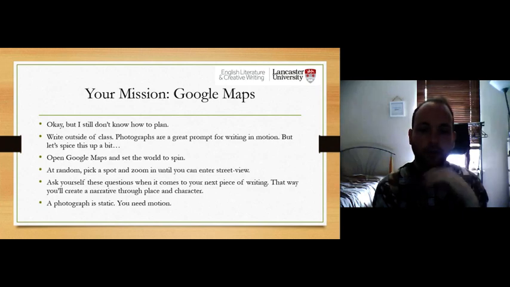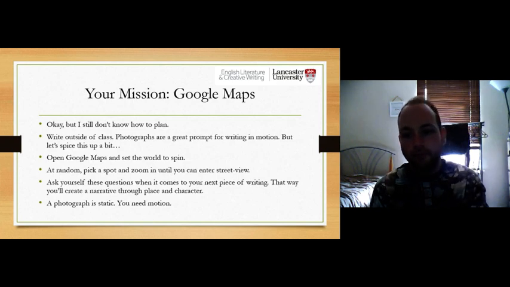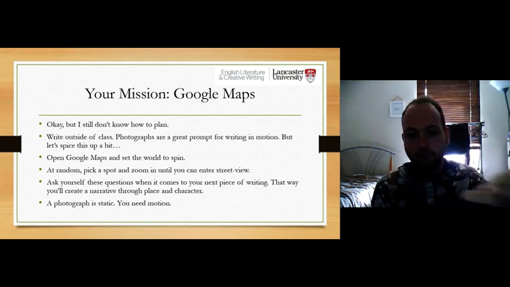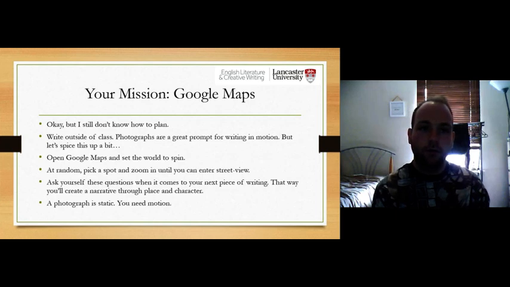And closer until you can enter Street View. Get the little yellow man and pick him up by the arm and pop him down in a street. You should be able to see the streets around you now. Wherever you are, this is your photograph.